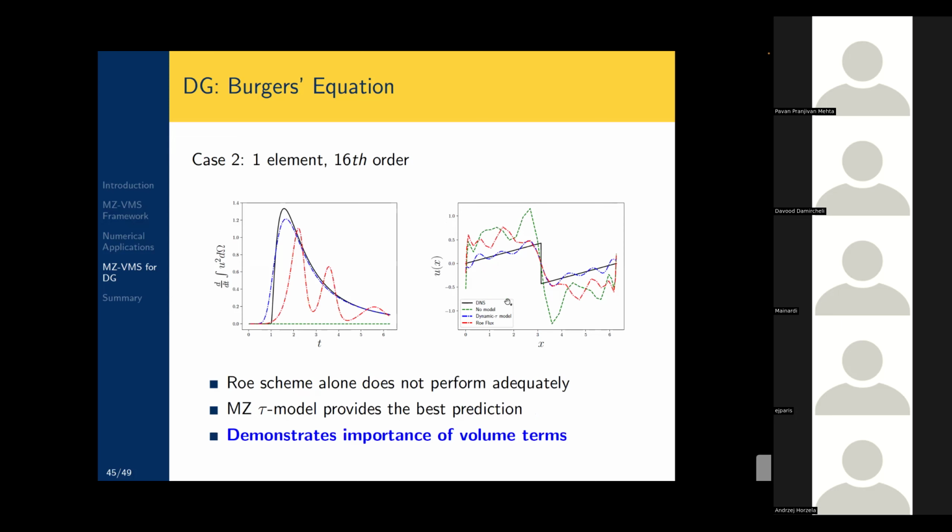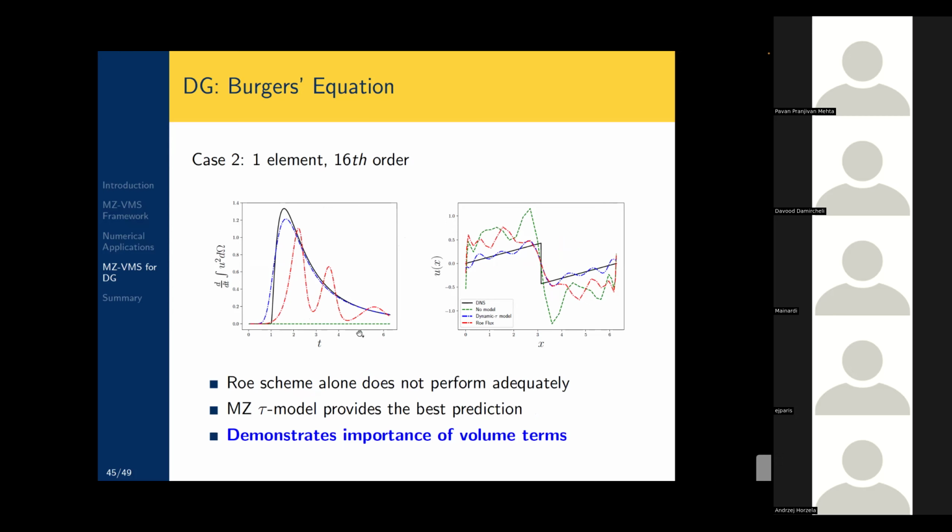If you go to the second case where you have one element in 16th order and you have to develop a stabilization type scheme for this type of problem, you find that what we do today doesn't really work. Again, same idea: black is DNS, blue is MZ, and red is the baseline Roe scheme that we would use.